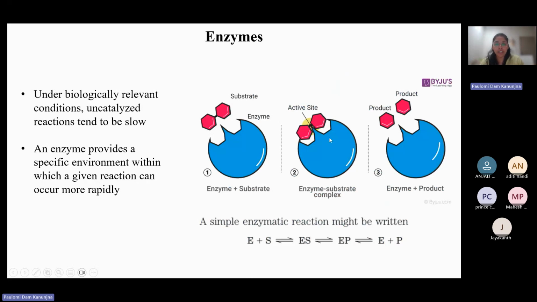And how will it do that? Enzymes will have these sites where the substrates can fit. Enzyme has an active site which properly fits the substrate into it, and that gives it the specificity. So an enzyme is very specific for the substrate, and this specificity is because of the orientation of its groups, and that orientation comes from the 3D structure.